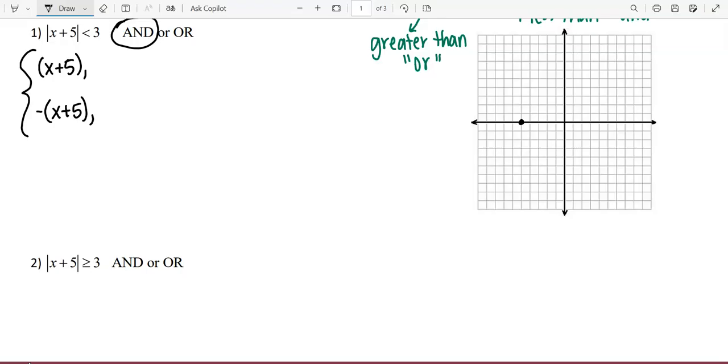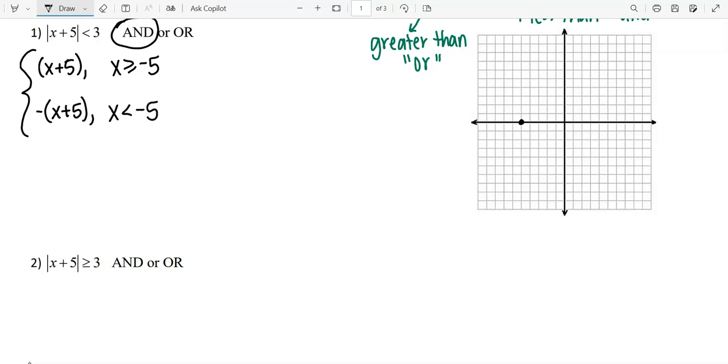So the first domain, your positive slope happens to the right side of negative 5, so x is greater than or equal to negative 5. And then we've got x is less than negative 5 for your ray with your negative slope. Same thing we've been doing when we're solving absolute value equations. Now it's going to get a little bit different.